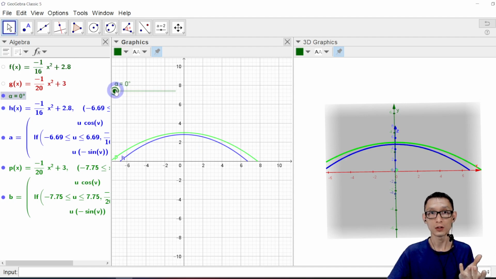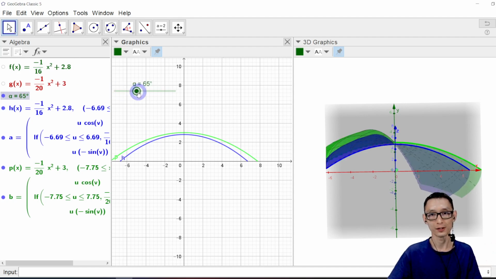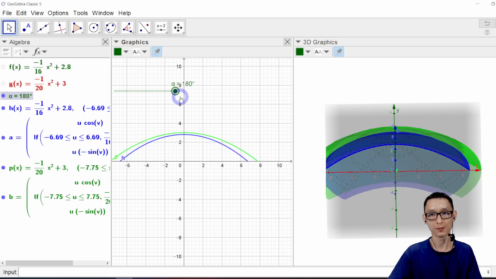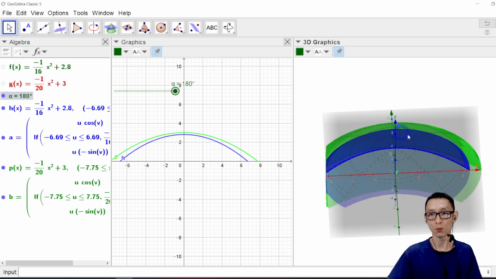When these two curves are rotated completely about the y-axis, it forms something like this. So what we want to find now is the volume between these two surfaces. This is the plastic that we need to use to create a plastic cover.